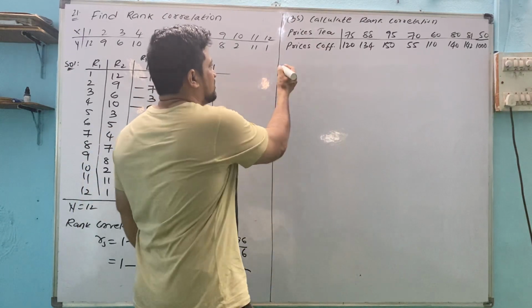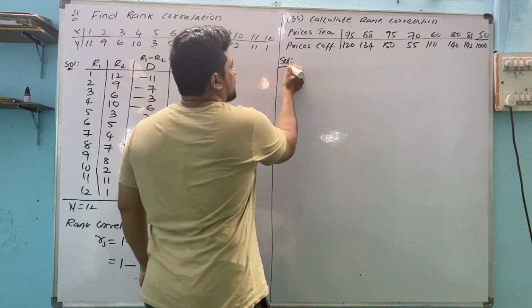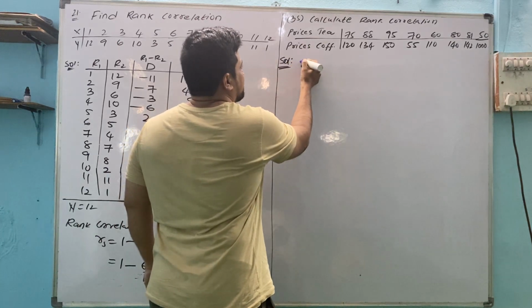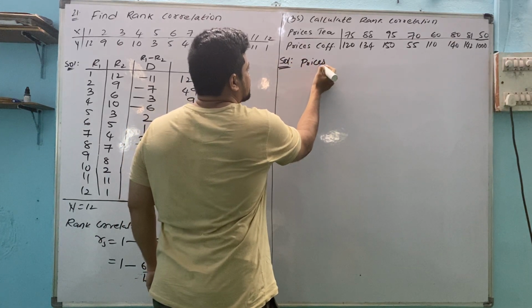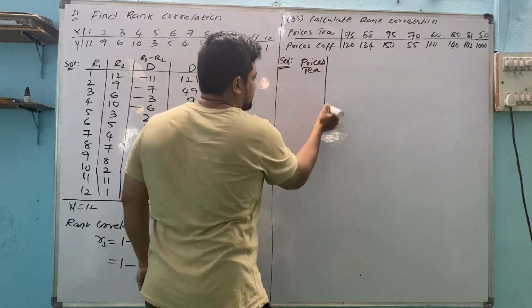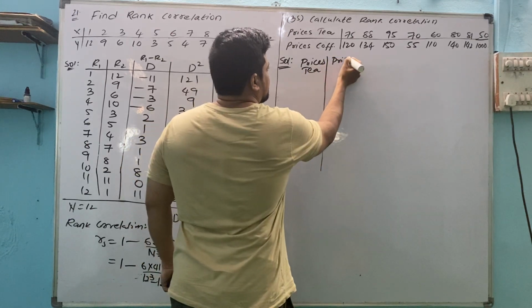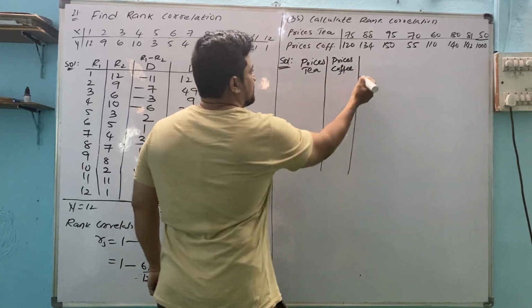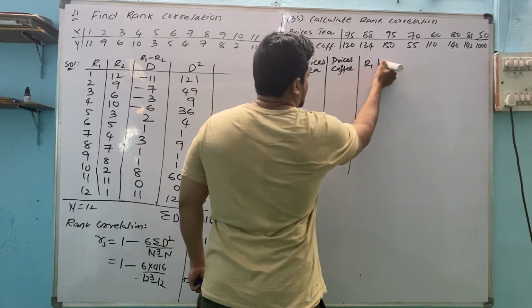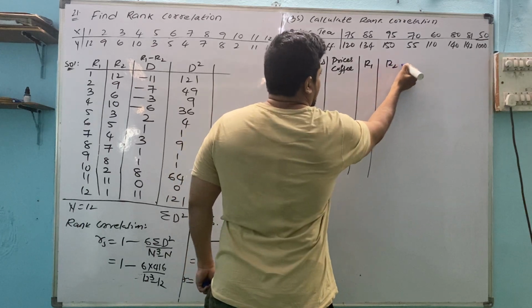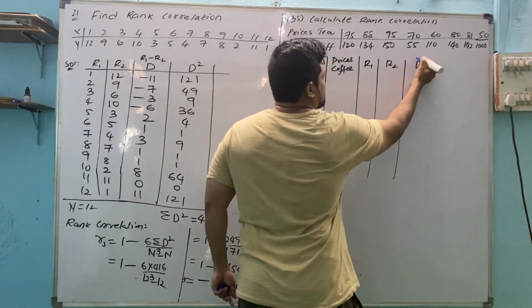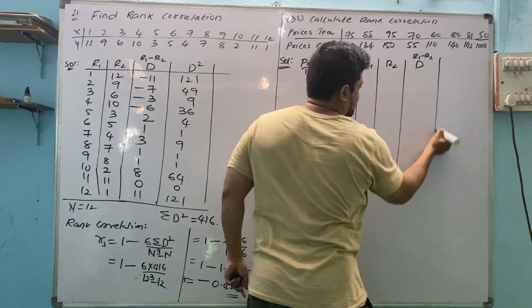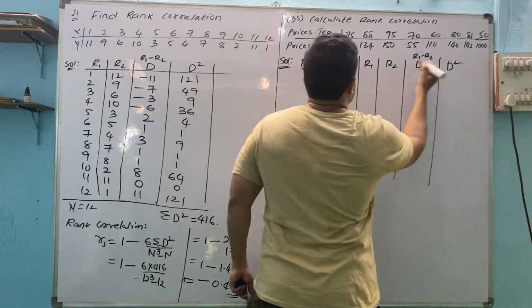So we have to write down the prices as given: prices of tea, prices of coffee, then rank 1, rank 2, difference of rank, D square.